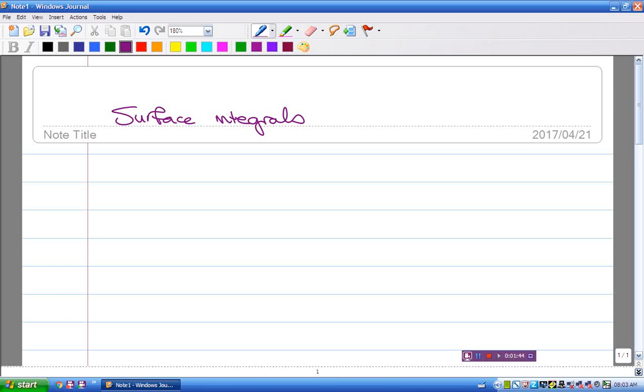So we're going to turn surface integrals into double integrals, and then we're going to carry out the integration calculation. And it's that turning a surface integral into a double integral which is where all of the tricky bits come in.